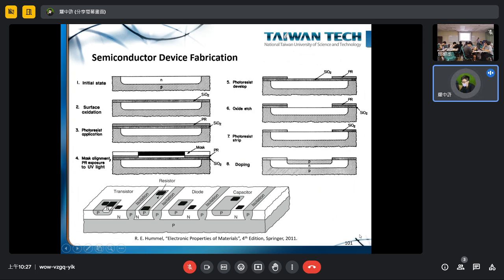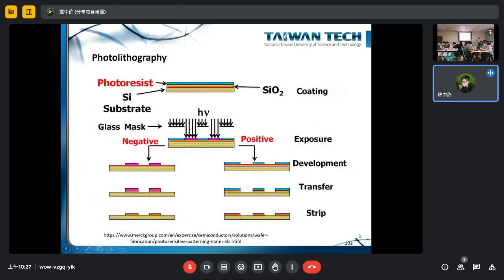So you need another mask, and then you need to do it all over again. For each device, you may need several hundreds of processing steps. So these are the photolithography.